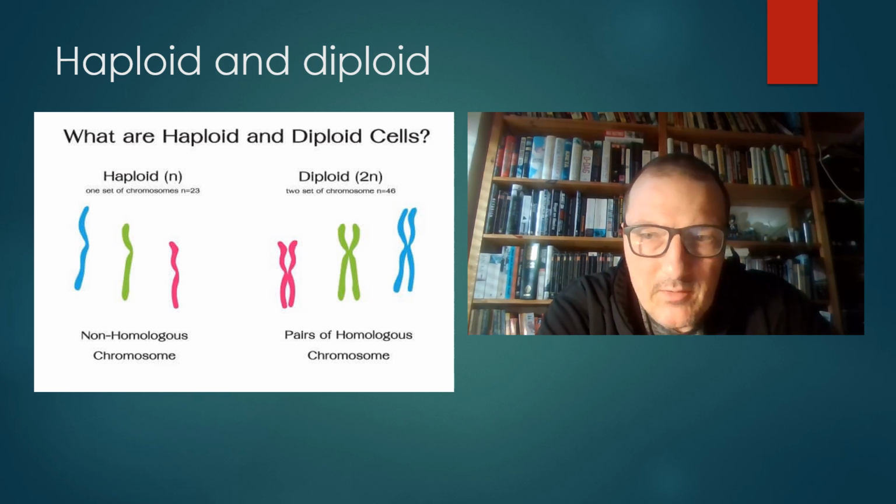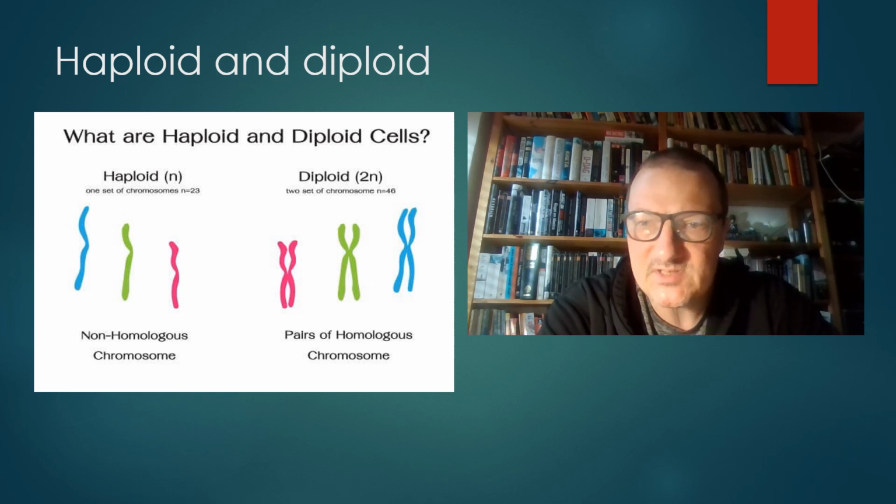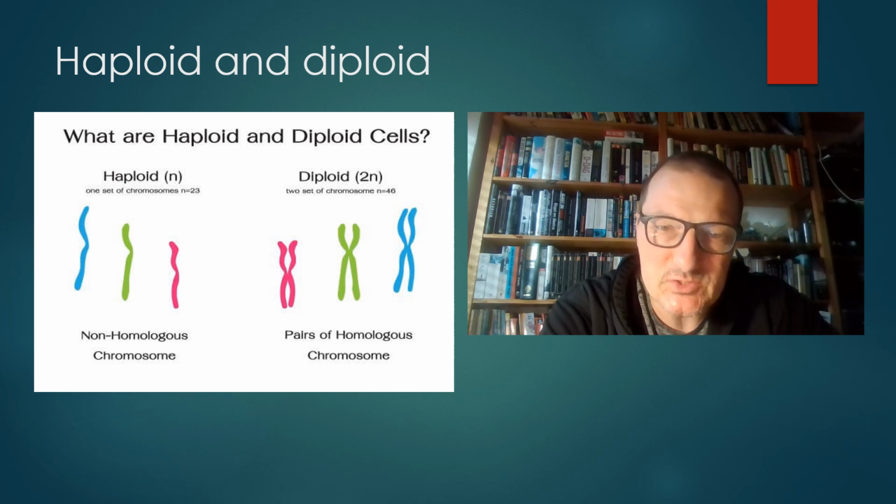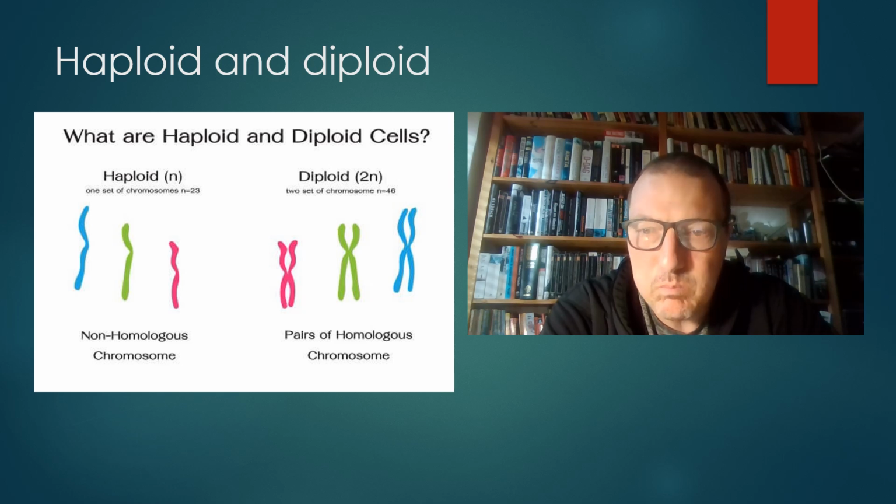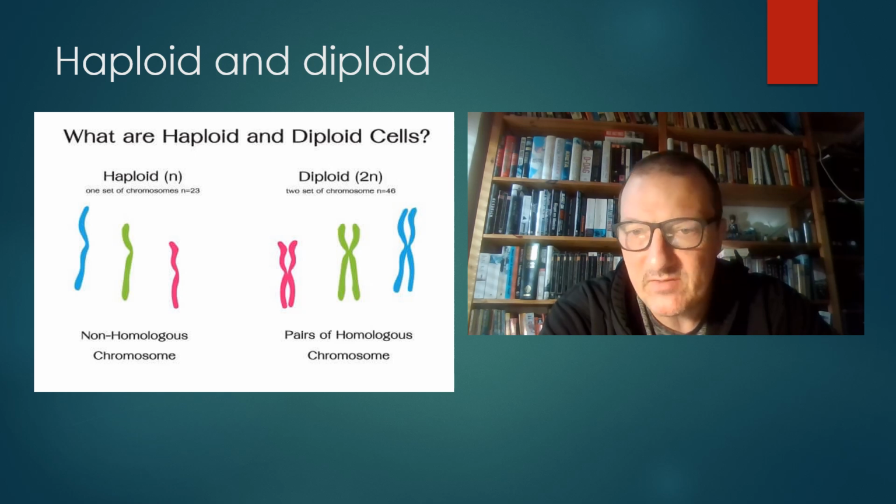Another very important keyword here is haploid and diploid. Most of the cells in the body are diploid, which means there are two sets of chromosomes. It's a pair of chromosomes. But when we do reproduction, we need a haploid cell with only one set of chromosomes.